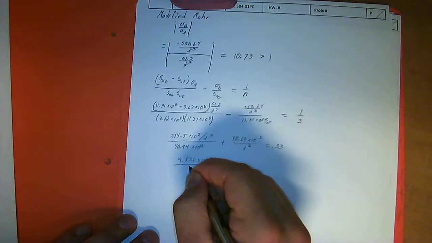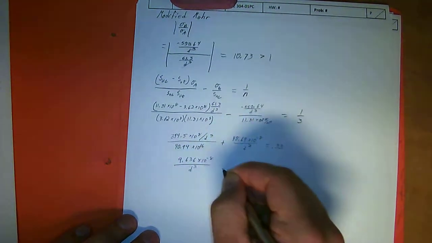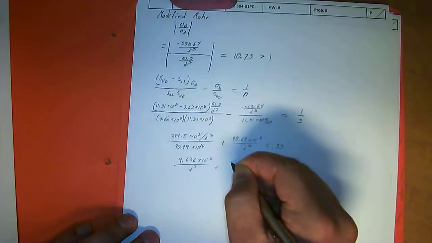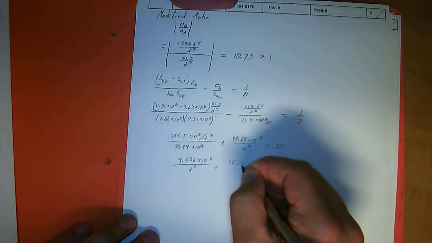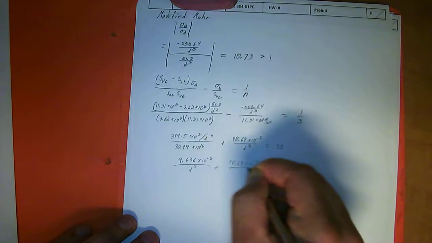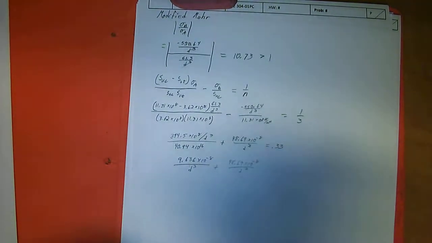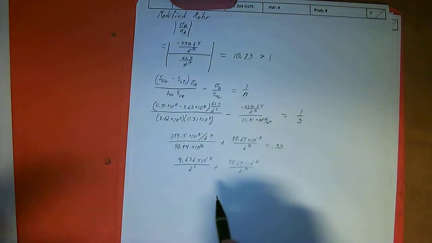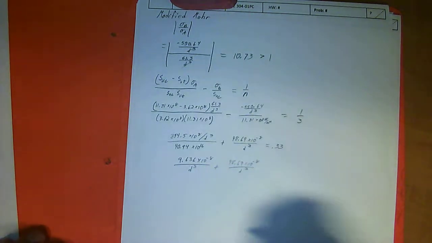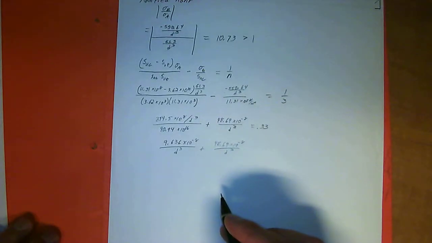Okay, and then solving this out, 9.636 times 10 to the negative 8 all over d cubed plus 48.69 times 10 to the negative 8 all over d cubed.